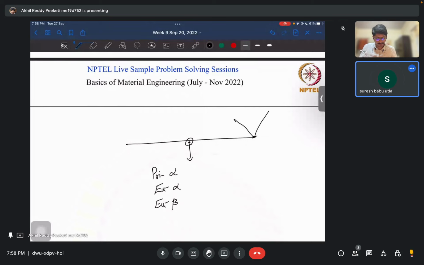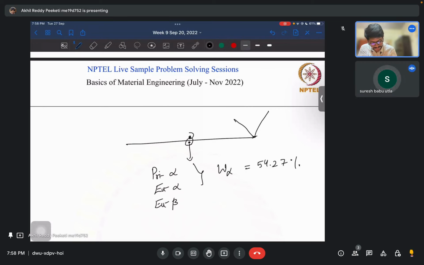Now total alpha you got as 49.52 percent when we did the earlier calculations. If you are just above, you got W alpha, which is actually primary alpha, the alpha which already formed.